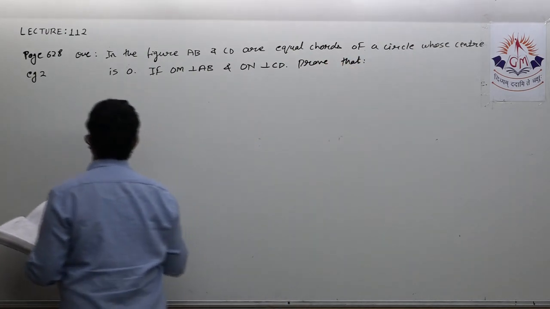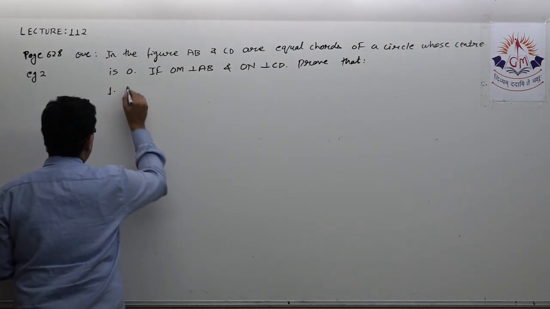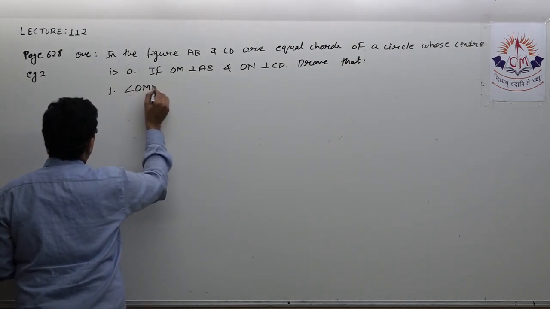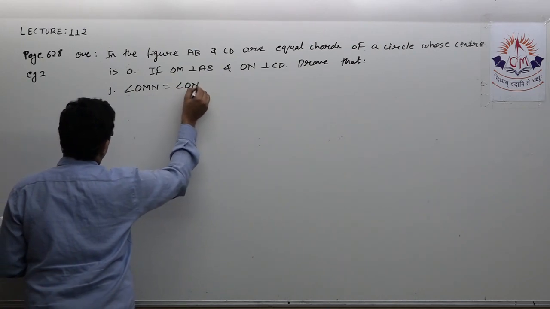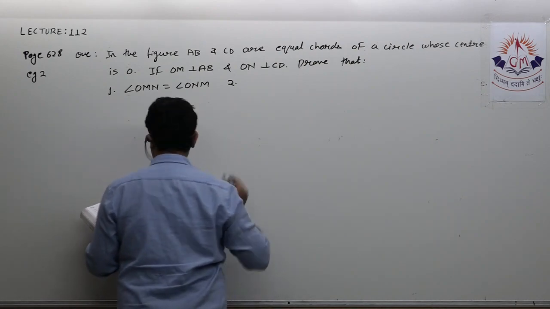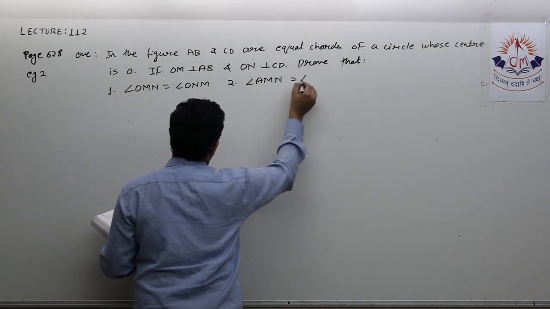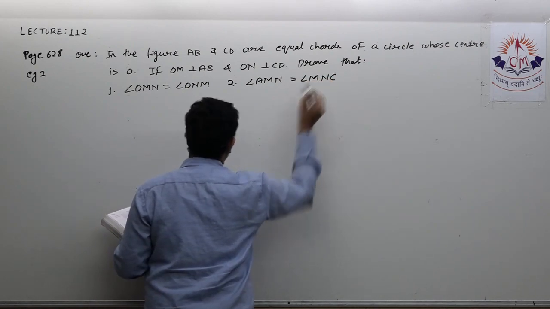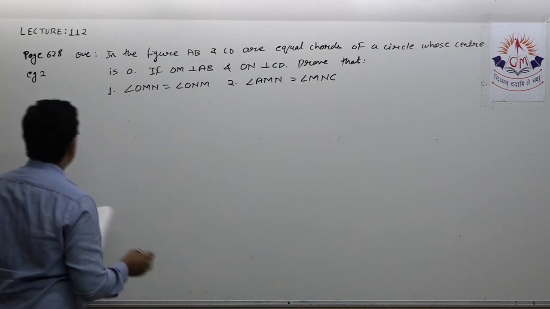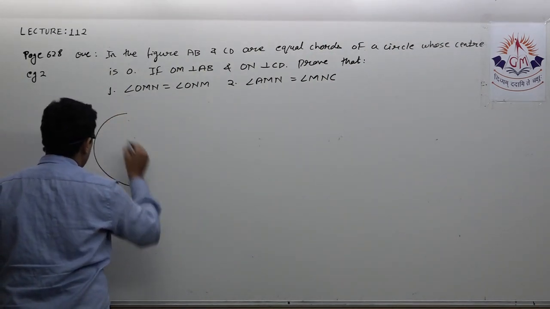Okay, we have to prove two things. The first one is angle OMN is equal to angle ONM, and angle AMN is equal to angle MNC. Okay, so here the figure is given. So first of all, we will draw a circle.